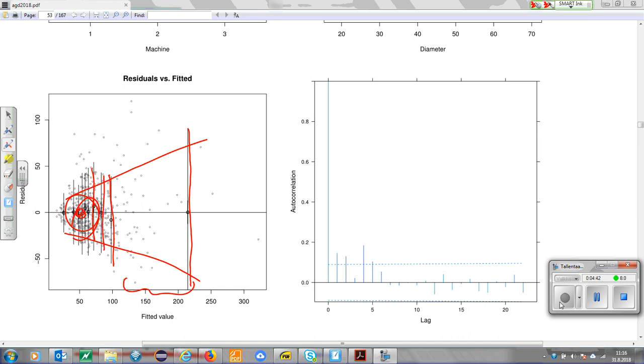So the conclusion is that the assumption about constant variance among residual errors is not met in this dataset.